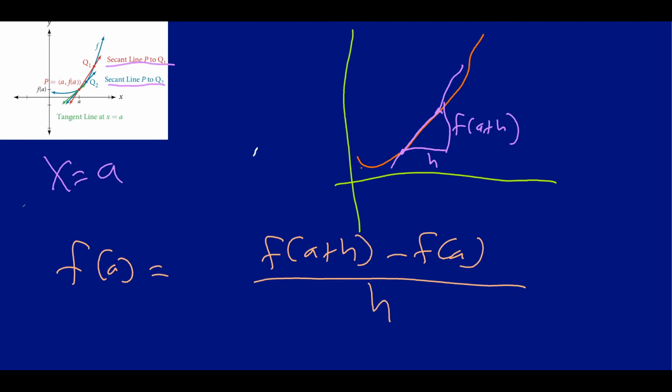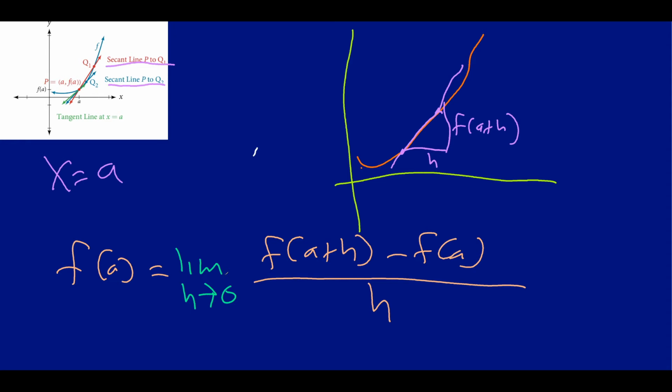This is all familiar, but there's something new, and there's a reason I left this gap right here. Now, instead of just calculating this over 2 points, we're going to be calculating it in terms of a limit. In other words, the limit as h approaches 0 of f of a plus h minus f of a over h.